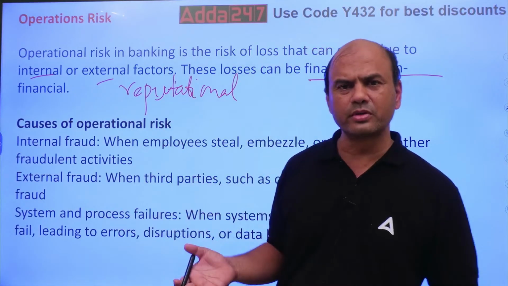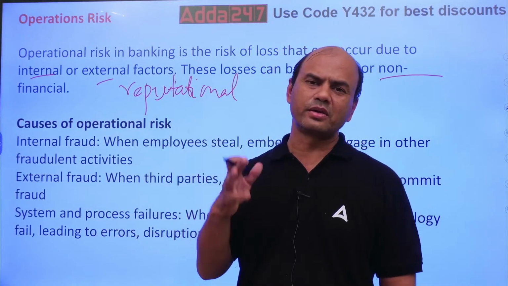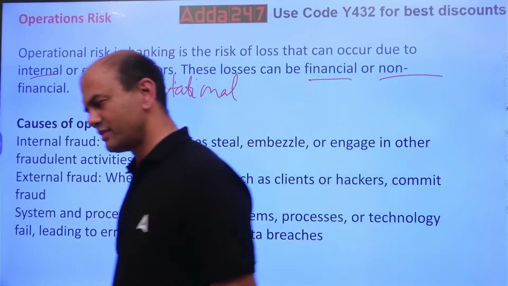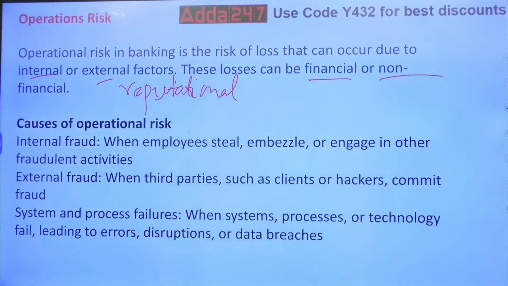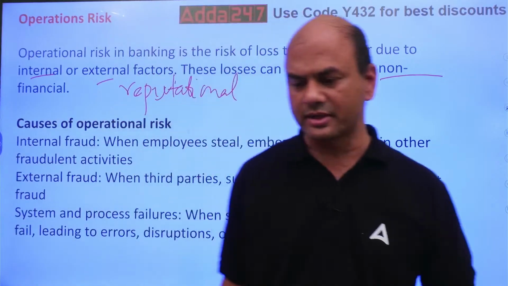If you come to know that some bank software is very slow, it requires a lot of time, will you go there? Definitely not. So this is directly non-financial. Indirectly it will be financial only. If you don't go, it means you will definitely lose the customers, isn't it? So ultimately everything relates to finance only. Even reputation risk relates to finance, isn't it?